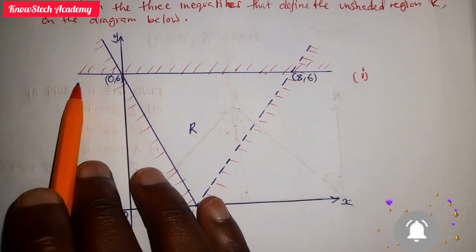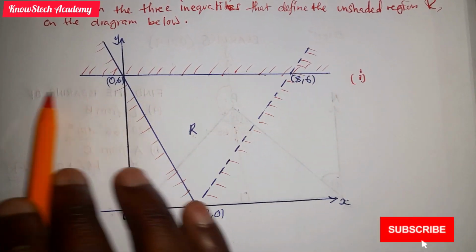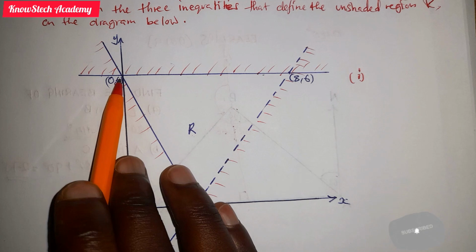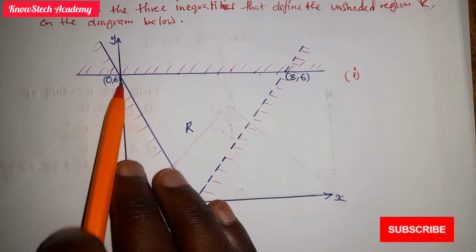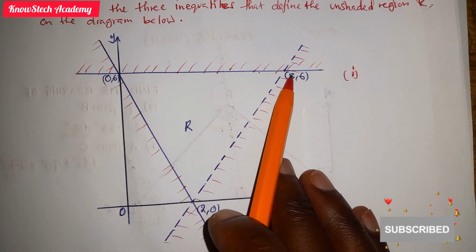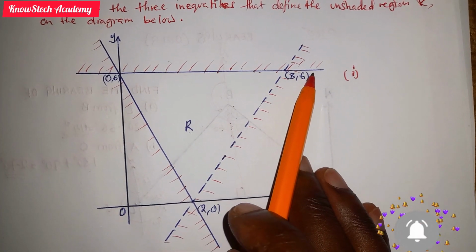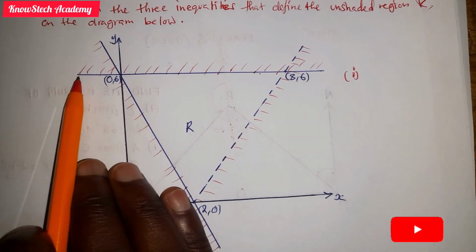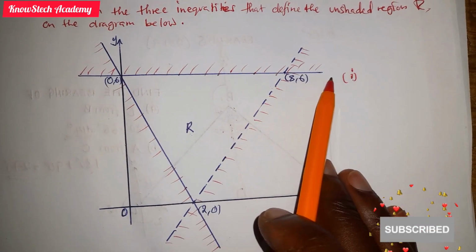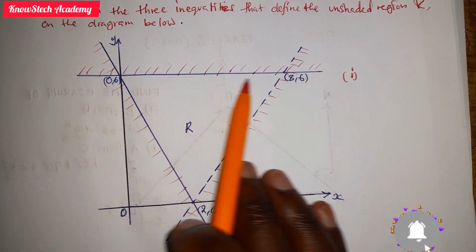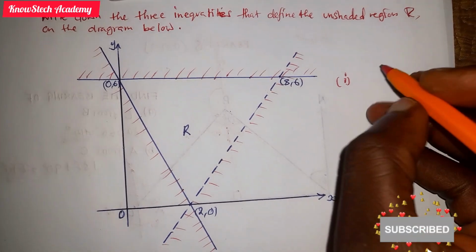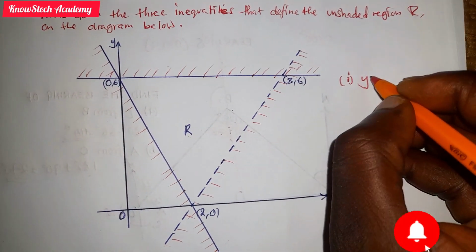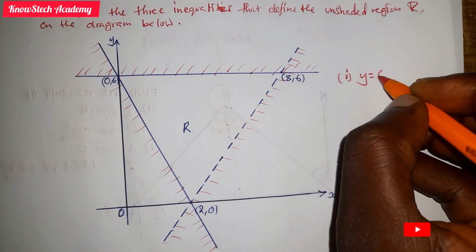So we have this straight line here, and this line is cutting y at 0,6. This is x and this is y, so y is constant here, 6. Meaning this line is cutting the y axis at 6. So the first thing you write is y is equal to 6.